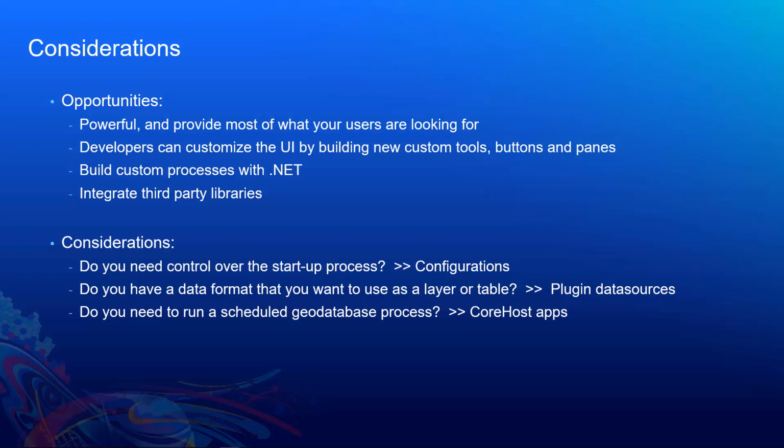Do you have a data format that you want to use as a layer or a table inside of Pro? If that's the case, then you'll want to look at plugin data sources. And then finally, do you need to run a scheduled geodatabase process outside of Pro? If that's the case, you'll want to look at core host apps, which is going to be our last pattern.